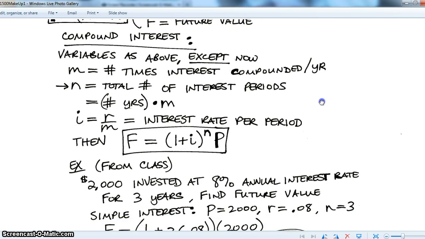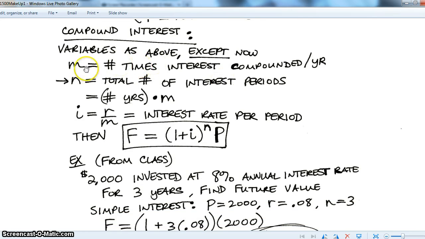So for compound interest, we're going to have a new variable m, which is the number of times that the interest is going to be compounded per year. N then is the number of interest periods, which is going to be the number of years times m. So for instance, if you have 3 years and you're compounding monthly, this is 3 times 12, it's 36.